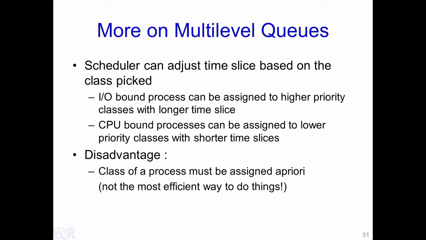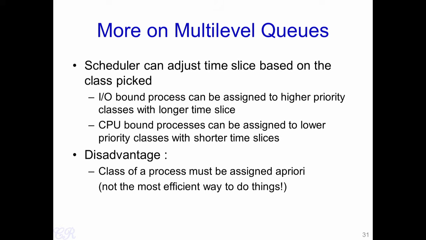That is, at one time it may have short CPU bursts and long bursts of idle time, while at other times it may have long CPU bursts and short IO bursts like a CPU bound process.